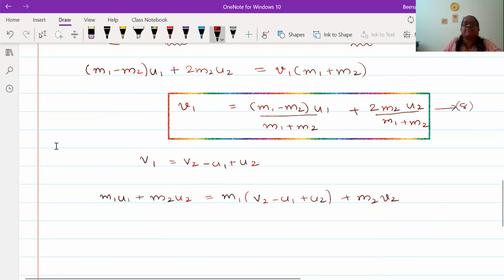And again, the same way as before, we rearrange the terms and solve it for V2. So we will get the expression for V2 as equal to, a way you can remember it is that the terms 1 and 2 get interchanged.